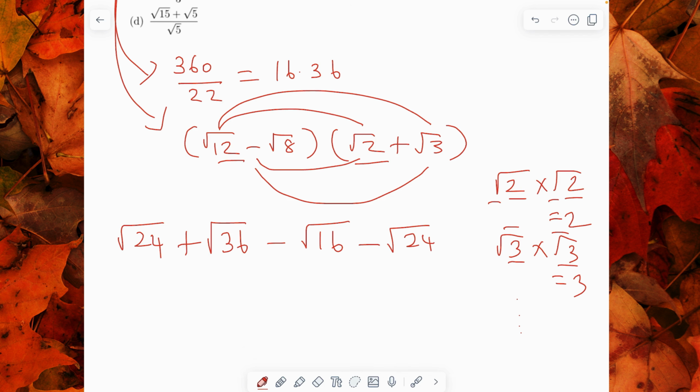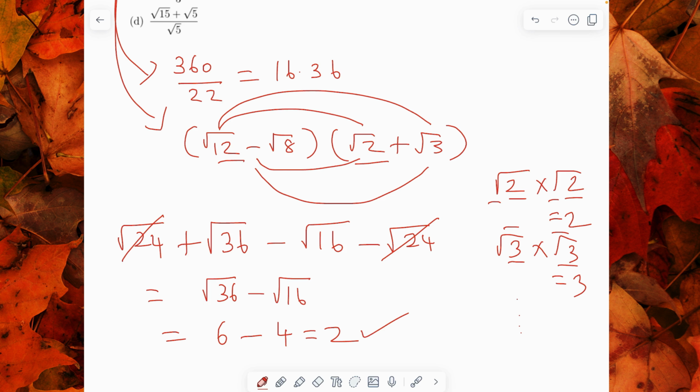While solving further, plus root 24 and minus root 24 will get cancelled. So the remaining are root 36 minus root 16. The square root of 36 is 6, since 6 sixes are 36, and the square root of 16 is 4. 6 minus 4 is 2.